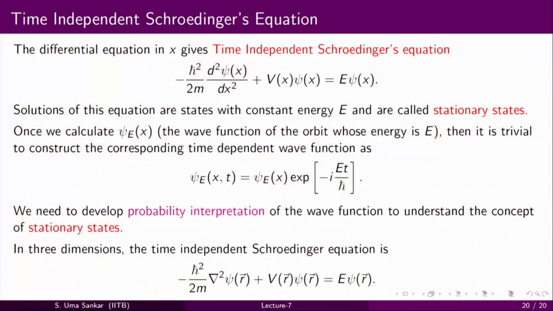Now, we look at the spatial part and equate it to E, and if we do so, we get the equation minus ħ² by 2m d²ψ/dx², where these are total derivatives, not partial derivatives, plus V(x) ψ(x) is equal to E times ψ(x).